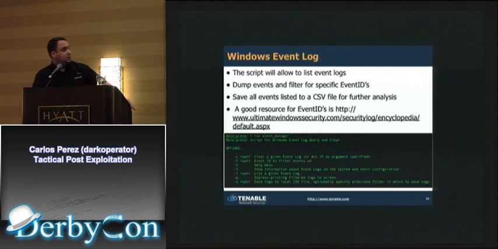So this is the tool I wrote. It gives us several abilities. I can list the event logs, their settings in terms of retention and size, and how many events are in each one. Another thing I can do is dump and filter that data by event ID. So I can check: are they doing any ACLs against the registry? Are they monitoring failed logons or not? Did they enable auditing of access to certain files in the file system?